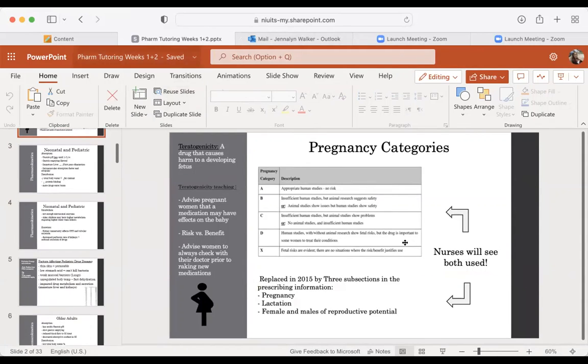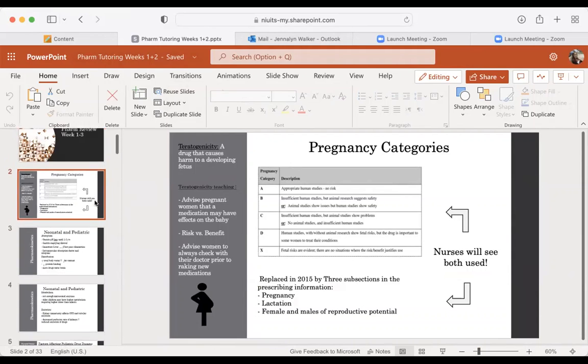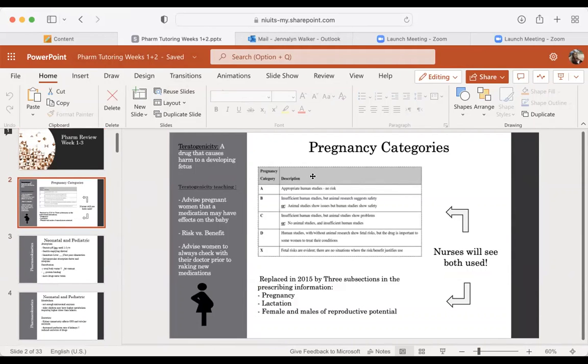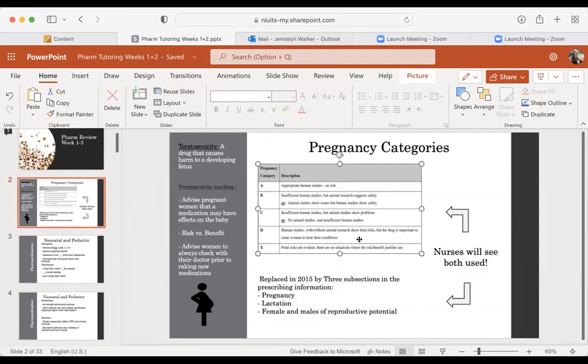As far as I think it's chapter 3, there's the pregnancy categories, which is this little image right here. All you need to know for the pregnancy categories is that category X means you're not going to give it to a pregnant woman.